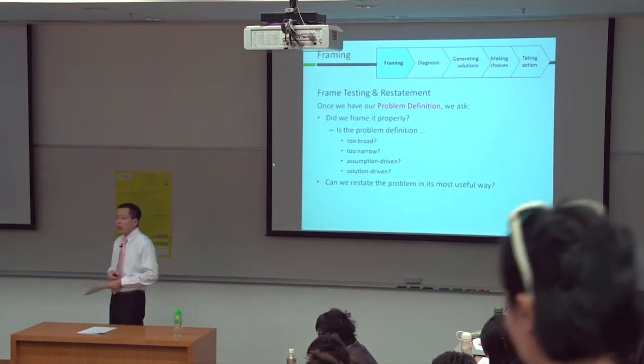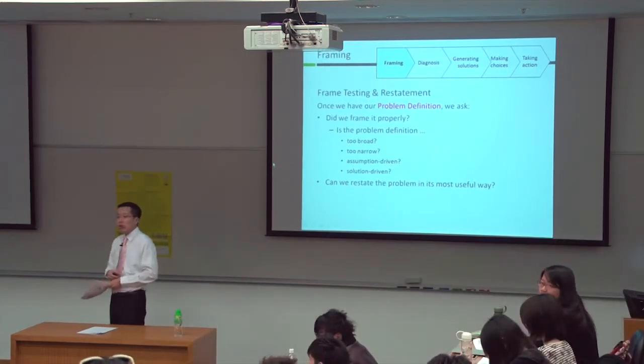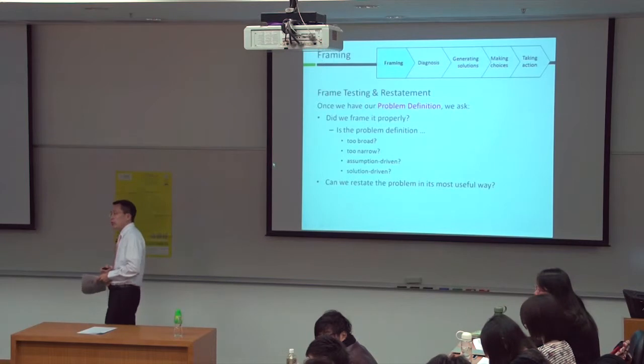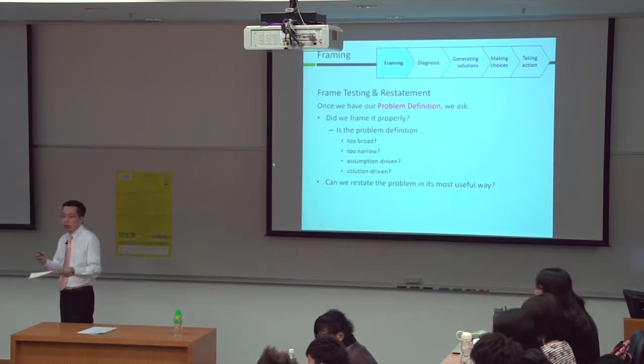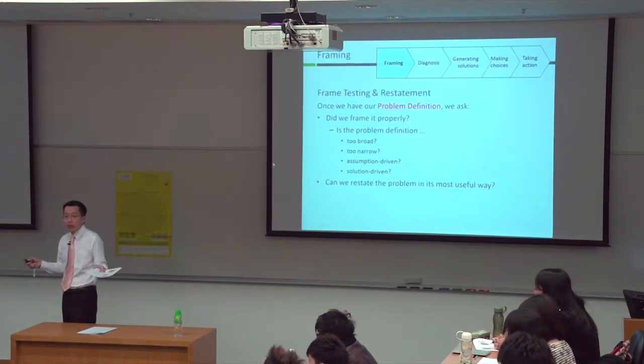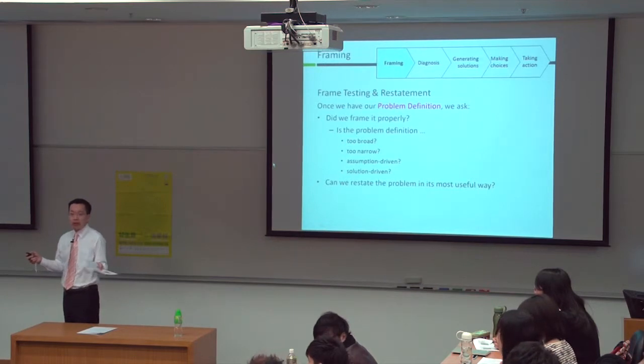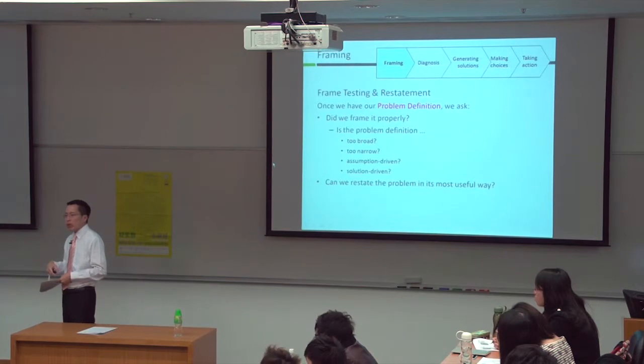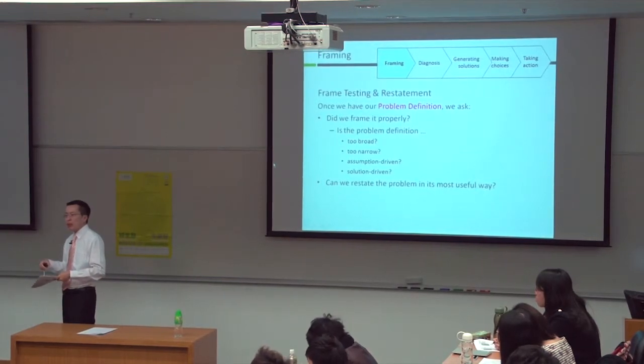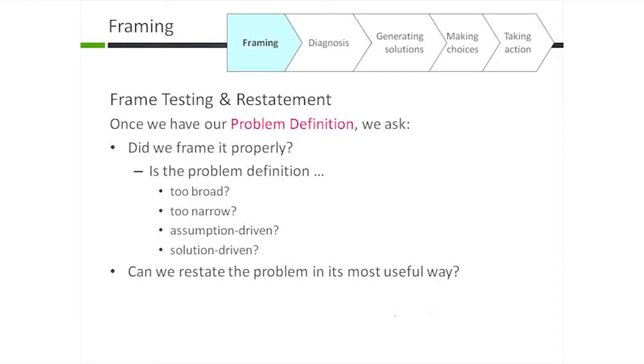Is it too narrow? Is it assumption-driven? Assumption-driven means the problem is just something you imagine without evidence, okay? So try to avoid assumption-driven problems. You try to gather evidence from newspapers, from your friends, from your real interaction with the people. That's the evidence.